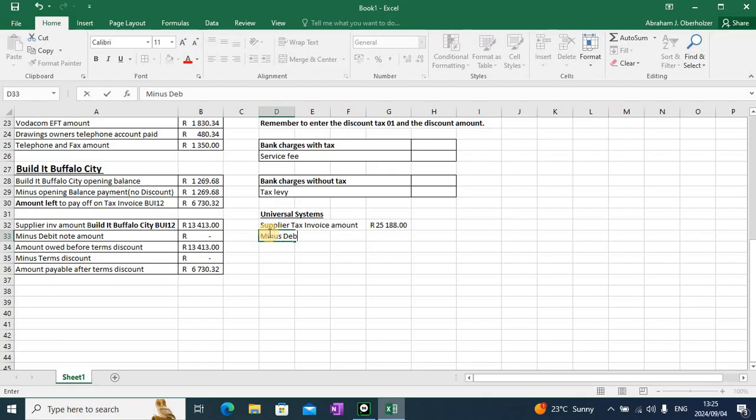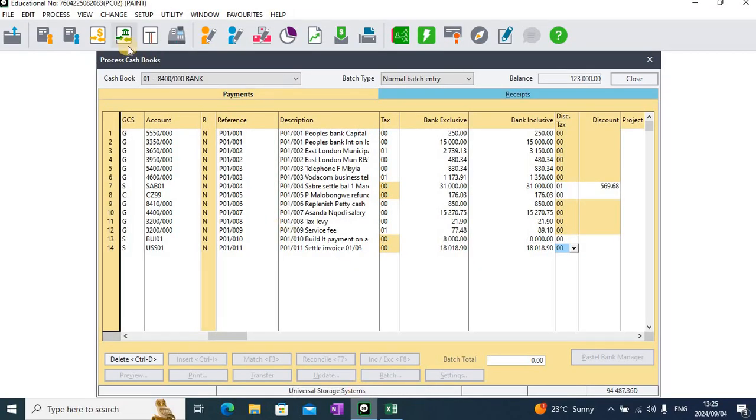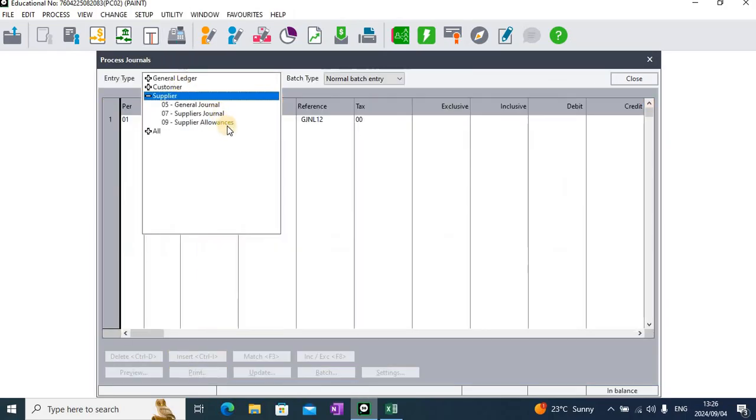Minus debit note. It's not the debit note, minus supplier's allowance. I'm going to check up. I'm going to go to journals, and it's the supplier allowances.